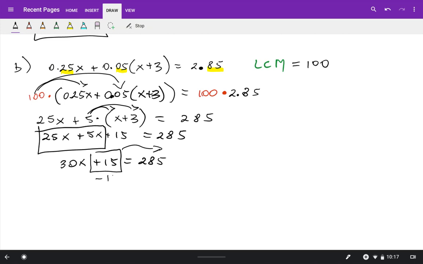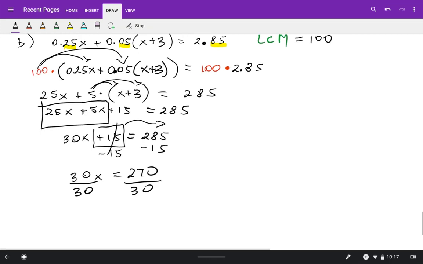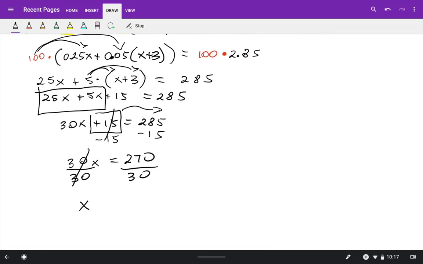So let's subtract 15 from both sides. So that will give us 30x equals 285 minus 15, which is equal to 270. And now we divide both sides by 30. Okay, so x equals, the 0s cancel, and you have 27 divided by 3, which is 9.